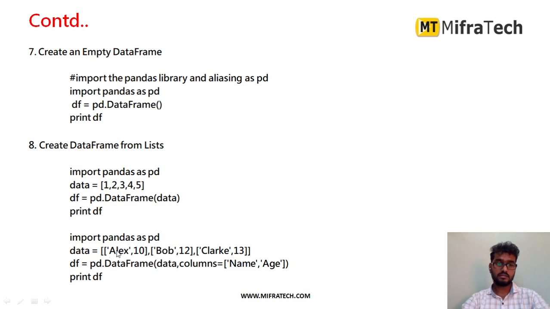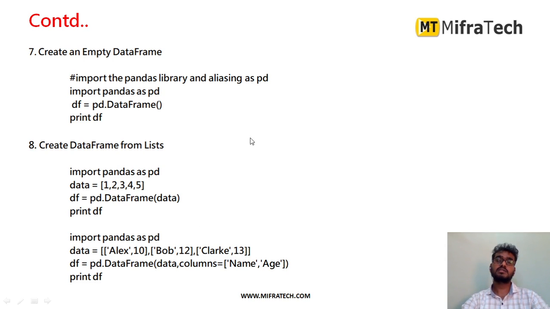Here is one more example I have taken. Similarly, first we have to import the library. Here the list contains key value pairs. After that you can pass pd.DataFrame with the first parameter as this list data. Here we can also do indexing for the columns, like name.